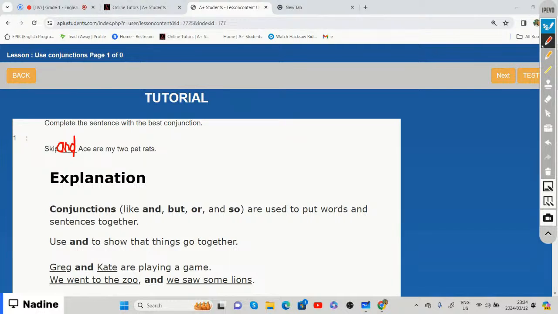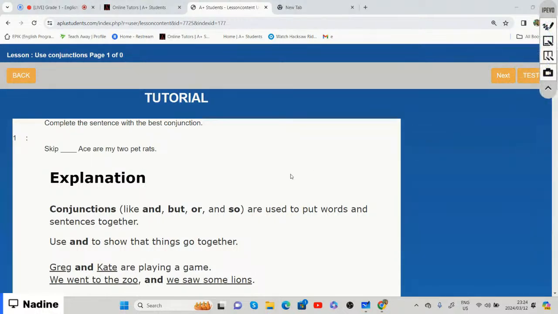It says Skip and Ace are my two pet rats. Right? So we have Skip and Ace are my two pet rats.